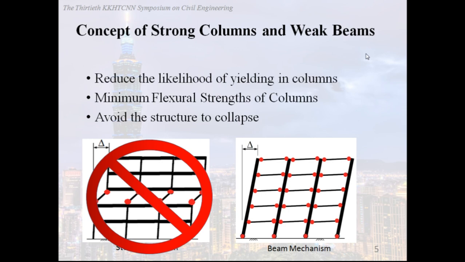Therefore, we assemble some characteristics of this concept. The first one, reduce the likelihood of yielding in columns. Second one, minimum flexural strength of columns. Third one, avoid the structure to collapse.